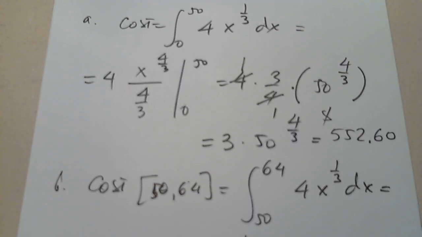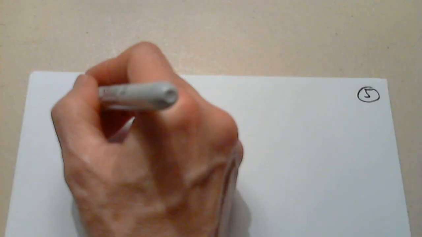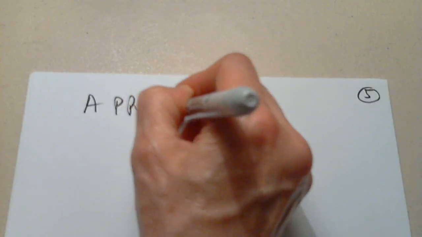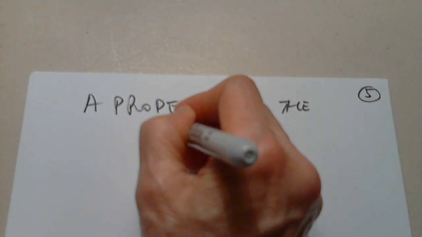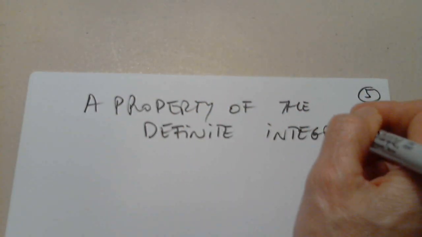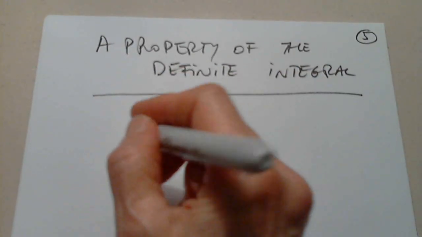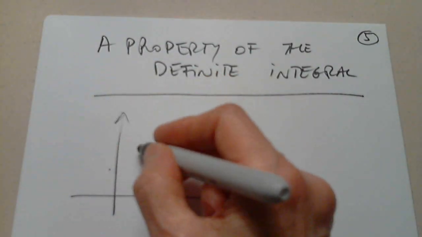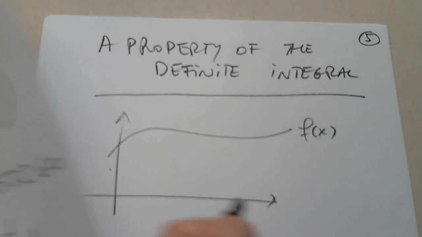And this is something that we're going to study in the next section. I just want to point out, and then we'll look at more problems. So this is a property of the definite integral. One of many. So here's a continuous function, and look at what we had.